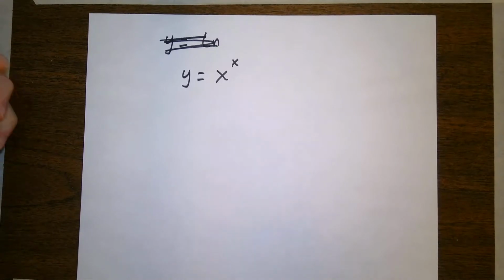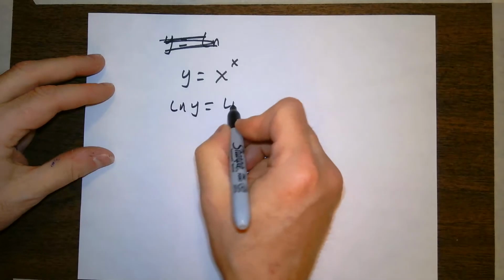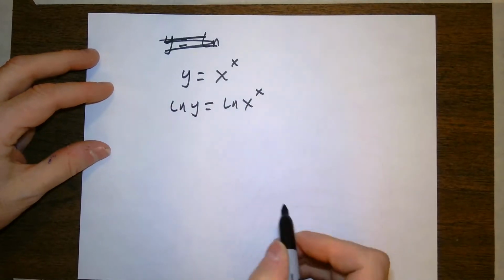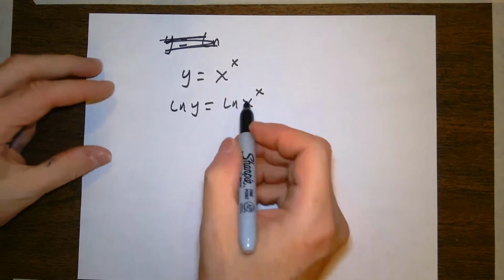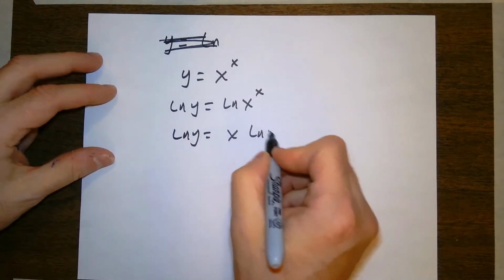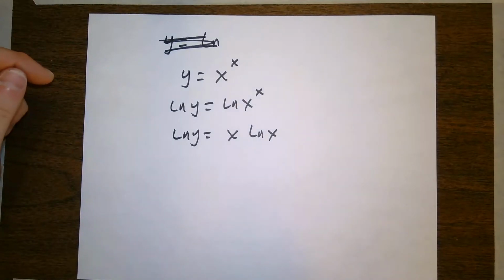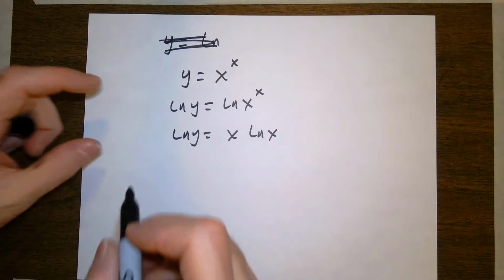So, step 1, take the natural log of both sides. The natural log of y equals the natural log of x to the power of x. Now I'm going to use properties of logarithms to simplify it. Natural log of y equals x times the natural log of x. Now I'm going to differentiate. I'm going to take the derivative of both sides.